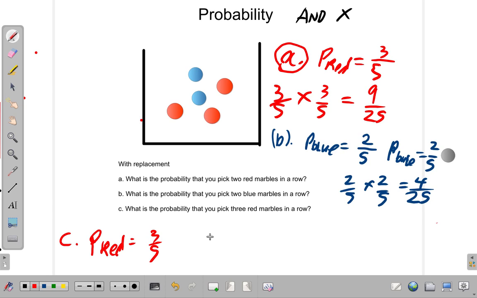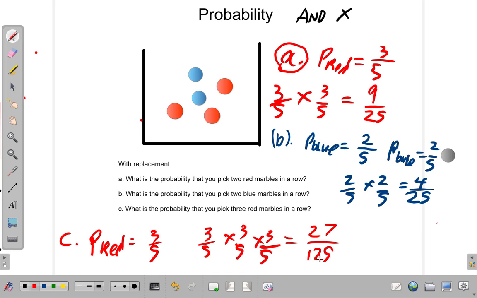But 3 of them, one behind the other. And remember, it's with replacement. So it's 3/5 multiplied by 3/5 multiplied by 3/5. So what you have is 3 times 3 is 9, 9 times 3 is 27, divided by 5 times 5 is 25, 25 times 5 is 125. So you have 27/125. Alright?